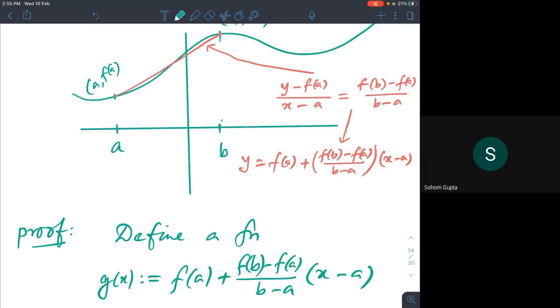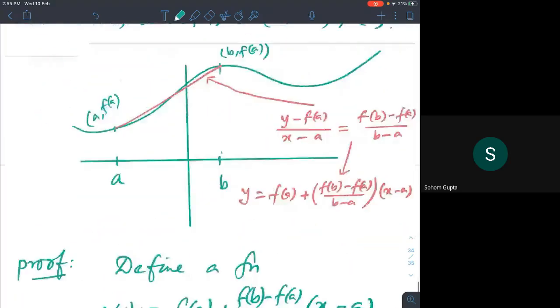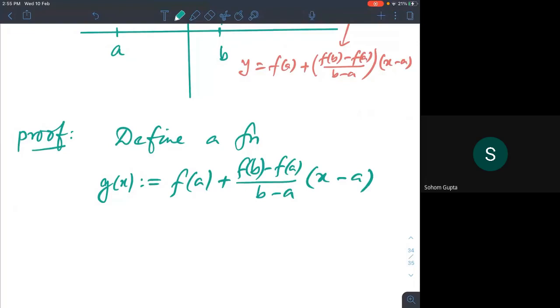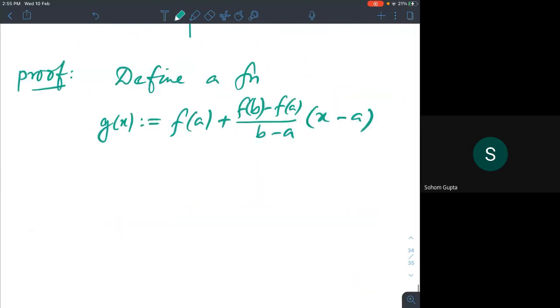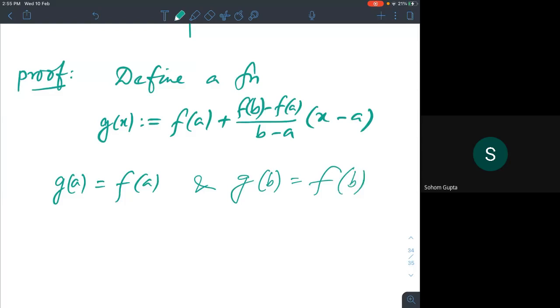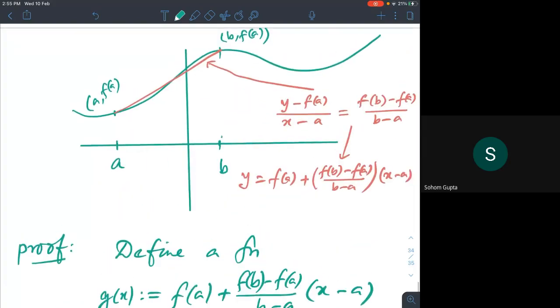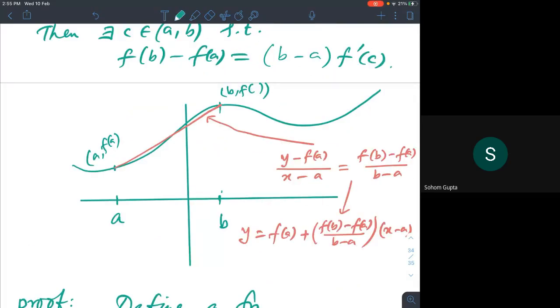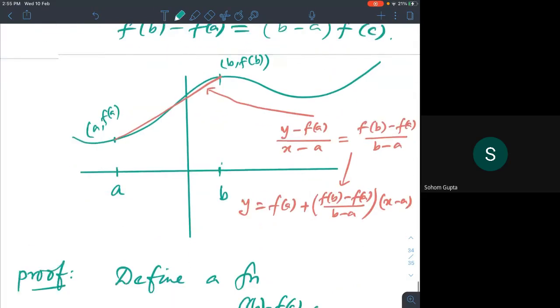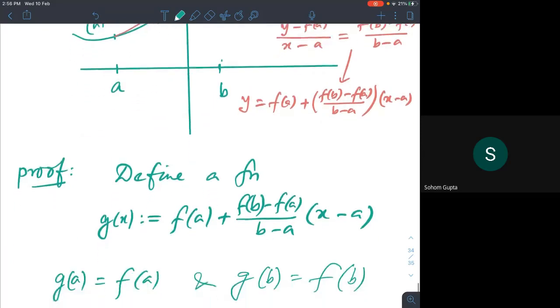Just in a flash, you will get the result. So I have drawn this line, and this line satisfies this. So g(a) is f(a), and g(b) is f(b), right? Because it satisfies this.